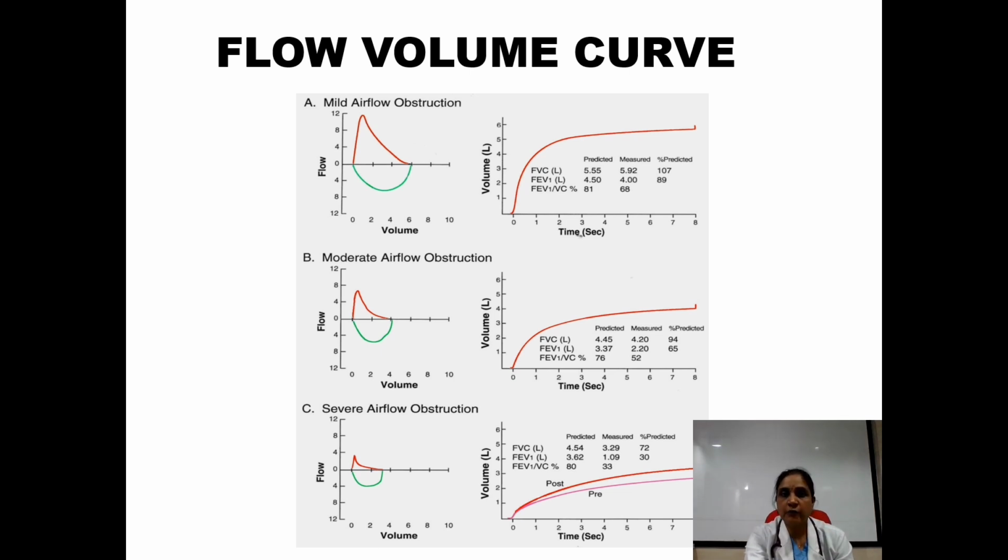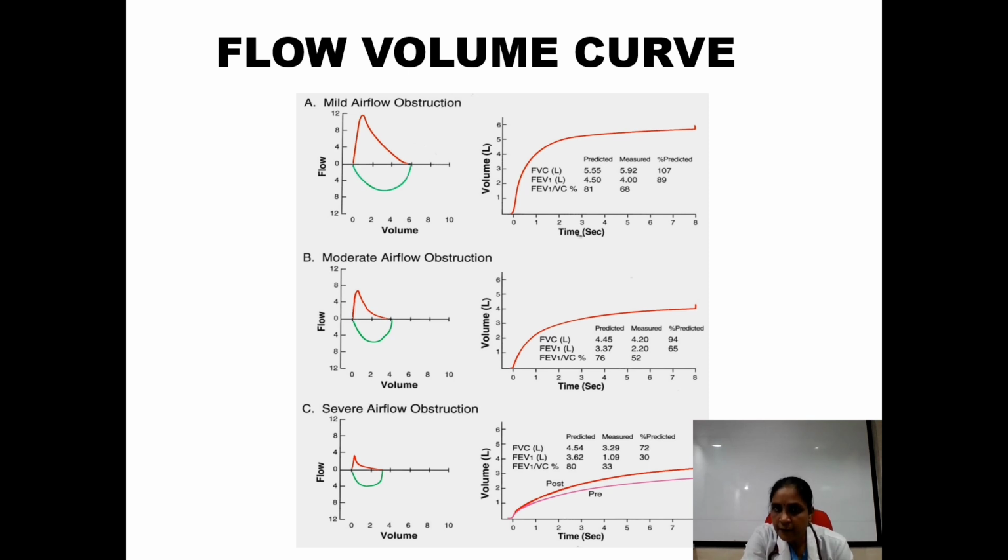This is a flow volume loop which you will get by doing a spirometry. I have divided it into three parts as per the severity. Remember that the patient has to blow into the machine and then the flow volume loop is created. This is a time volume curve. The values will be given in brackets, something like this: FVC, FEV1, FEV1 upon FVC.